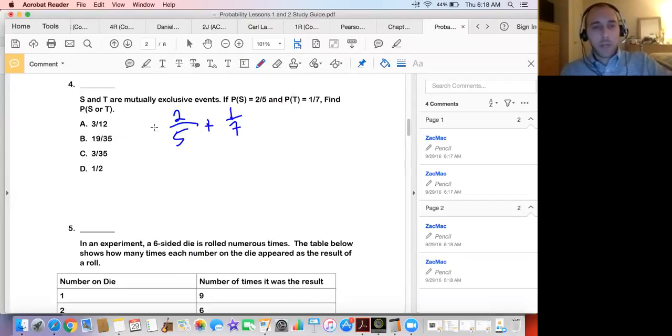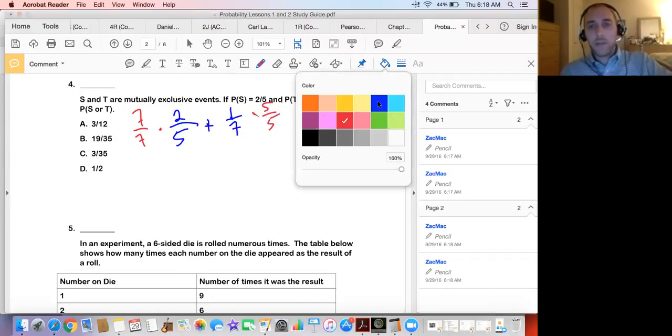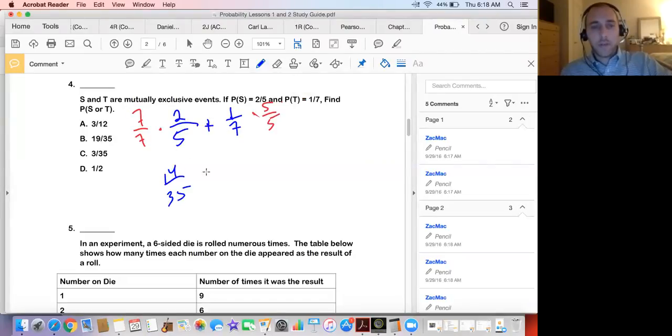So I'm going to multiply this fraction by 7/7, and this fraction by 5/5. And then I get new fractions, 14/35 plus 5/35. And then you get 19/35, which is letter B. So once you know what the notation and the terminology means, really simple stuff there.